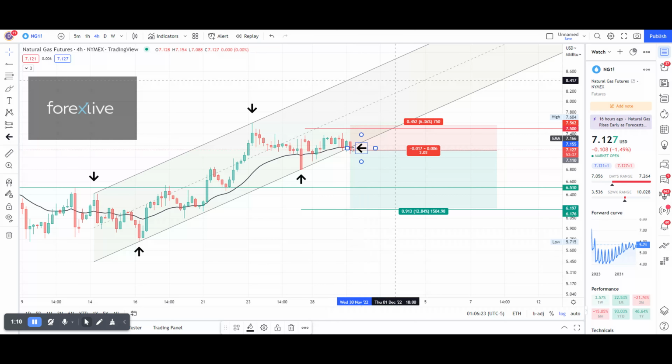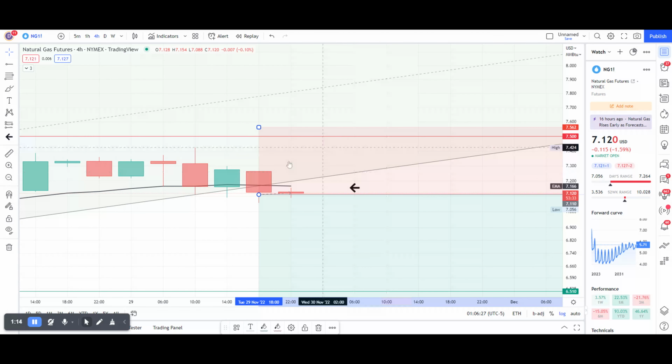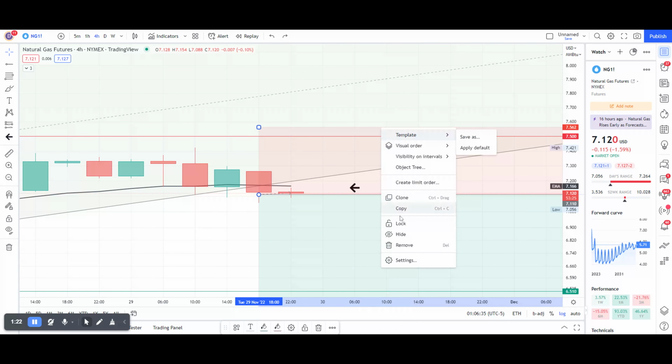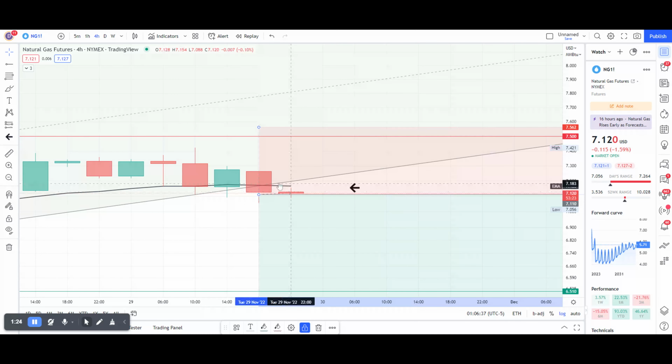So if we look at it closely, we're crossing down that channel. And this black line also is the EMA 20. That's the exponential moving average, in this case on the 4 hourly candle, as mentioned, and we are under it.